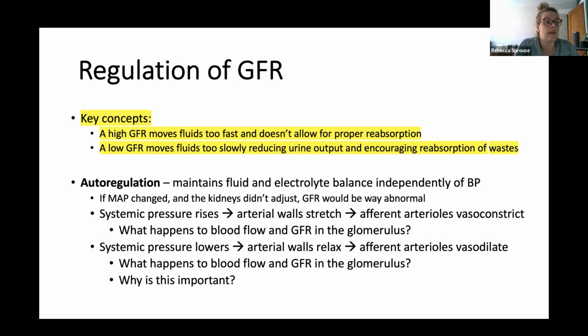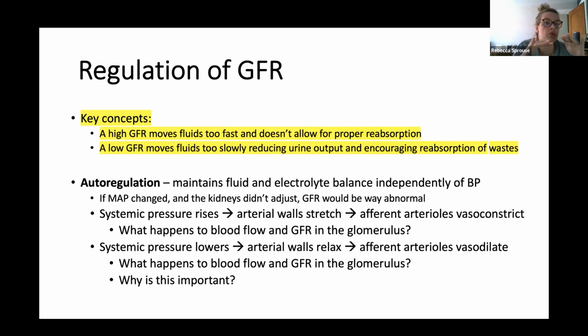Okay, but if that rate is too low, those fluids are not being filtered quickly enough. And so our urine output is going to be diminished. And in addition, we're going to have reabsorption of wastes from that capsular space back into the glomerulus.